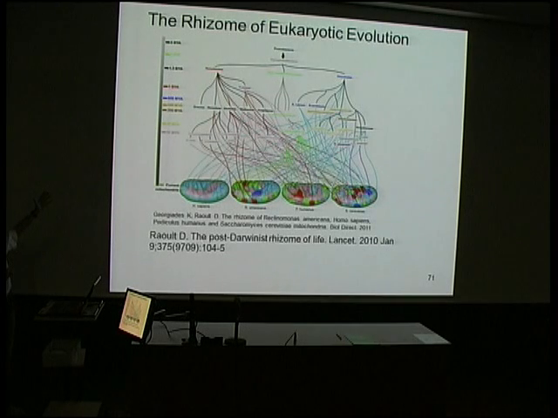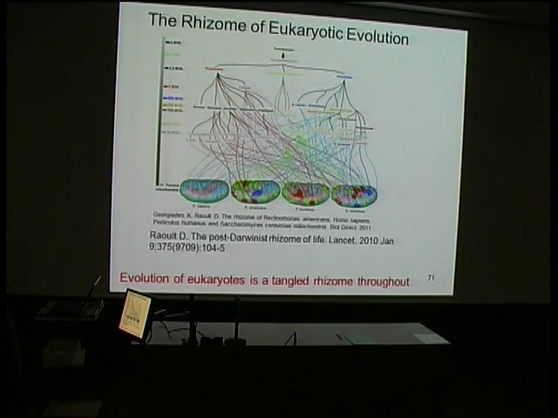It doesn't even matter that much what it shows, but what I want you to come away from this talk with is this entanglement of different sources of various components of eukaryotic genomes. Basically, this is one phrase that I think we should remember, that evolution of eukaryotes is a tangled rhizome throughout, from the beginning to this day.